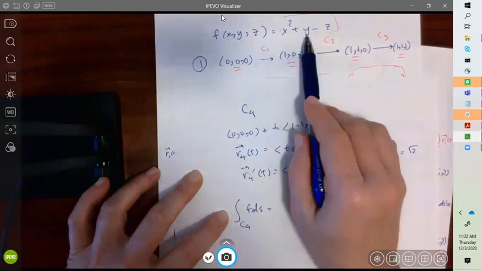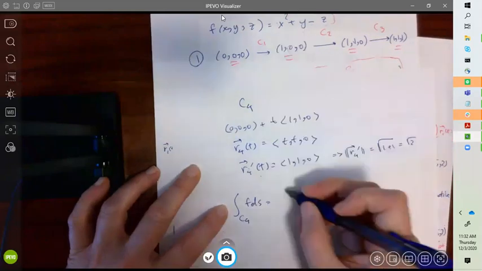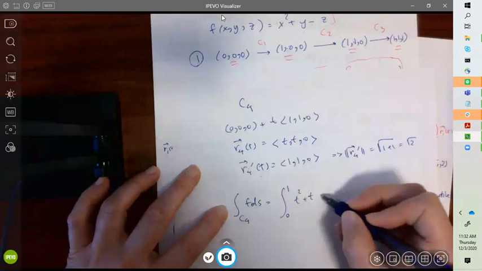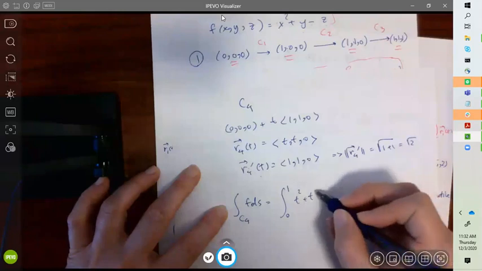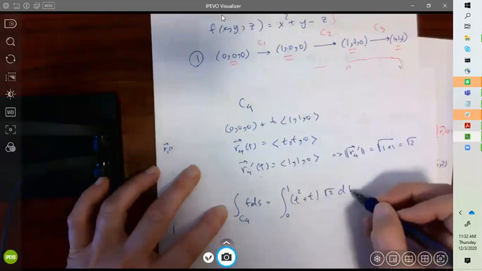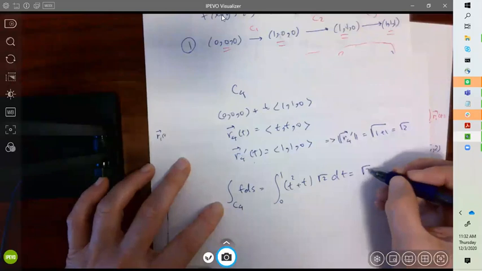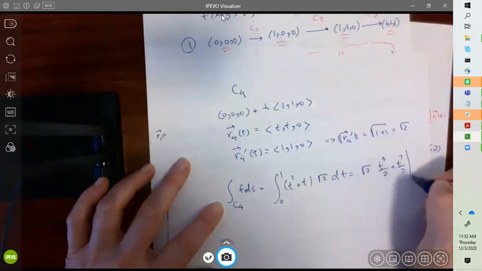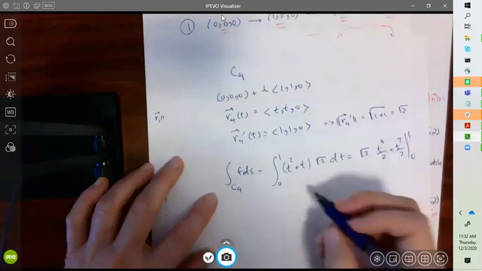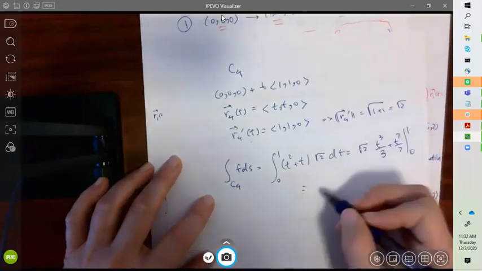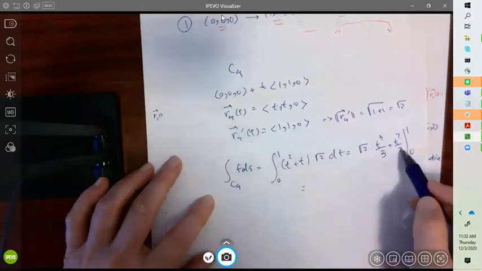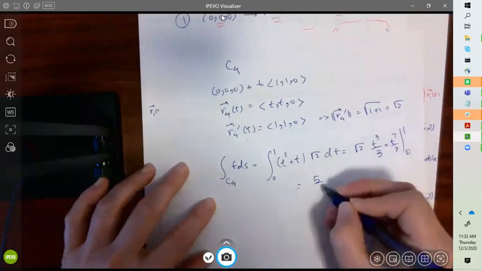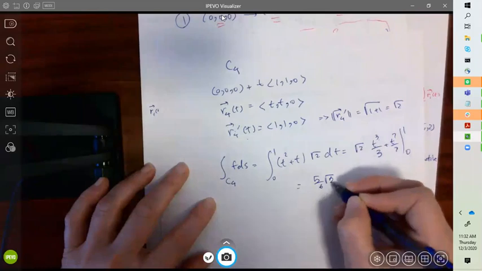I get t squared plus t, 0 to 1, times square root of 2, dt. So I get square root of 2 times, from 0 to 1, 1/3 plus 1/2 is 5/6. 5/6 of square root of 2.